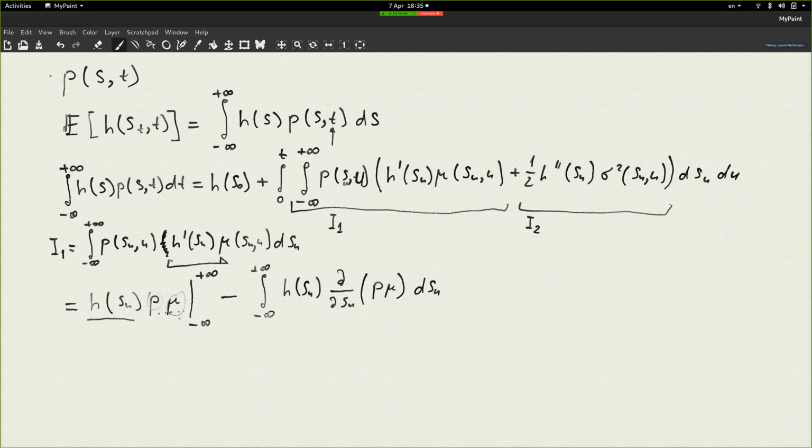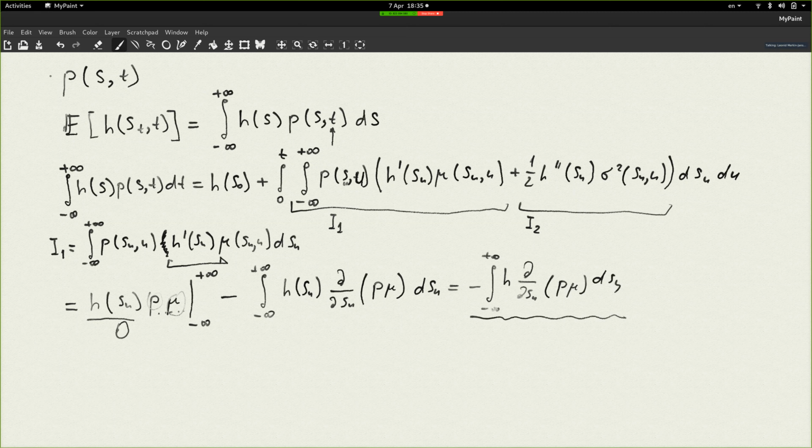Therefore, under some genericity conditions, we can say that this term is 0 at both infinities, right? So we get only the second integral. So it is just minus integral from minus infinity to plus infinity, h d dsu p mu dsu. Okay? So we only got this term.